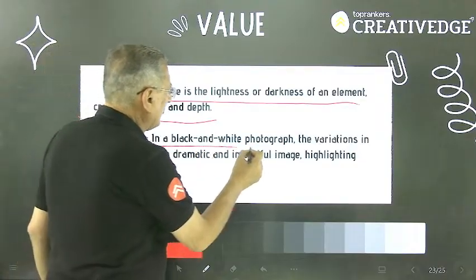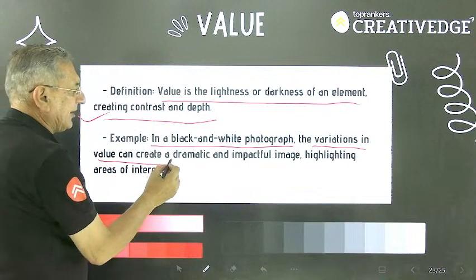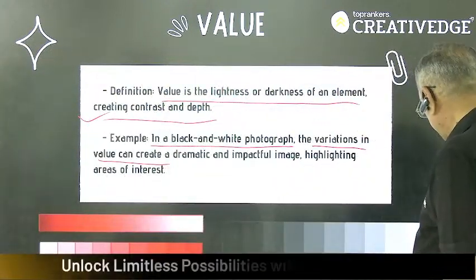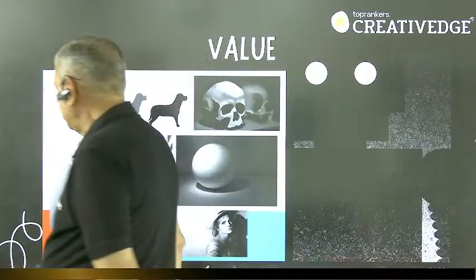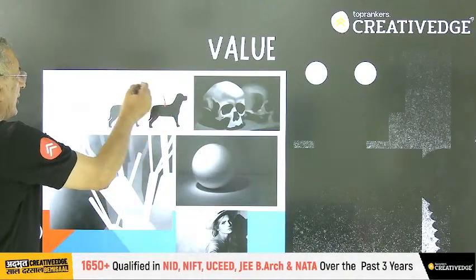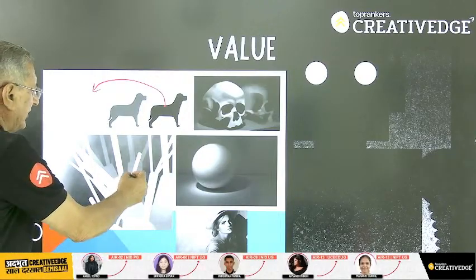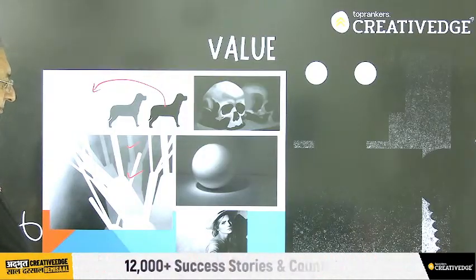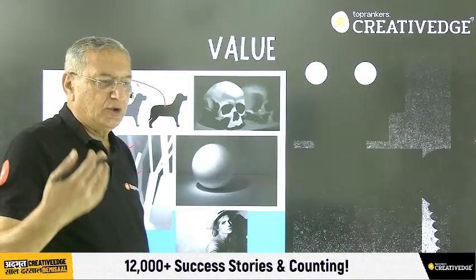Example, in a black and white photograph, the variation in value can create a dramatic and impactful image, highlighting areas of interest. Now see that. Clear and sharp to blur and faded. So those are the value differences.